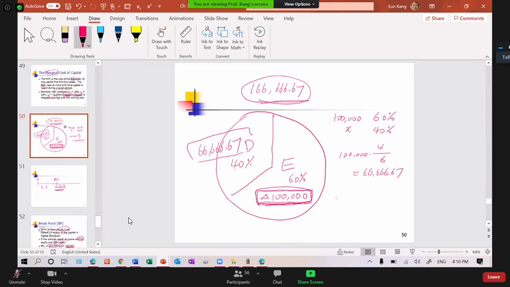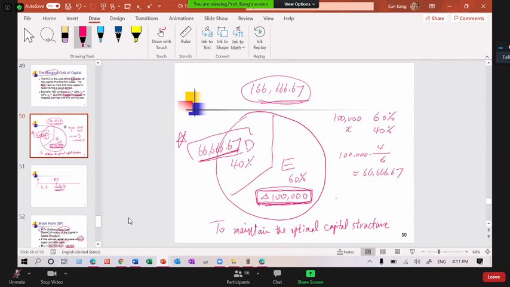When you solve this problem, make sure that you automatically increase that amount to maintain the optimal capital structure.